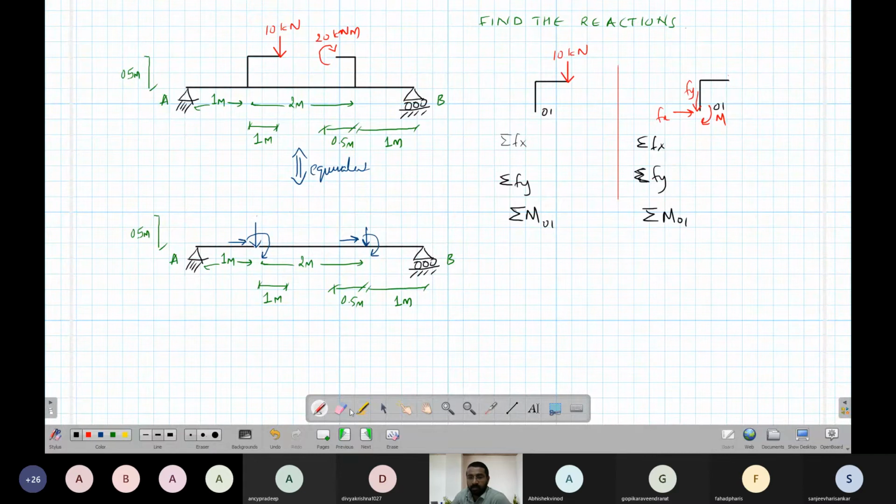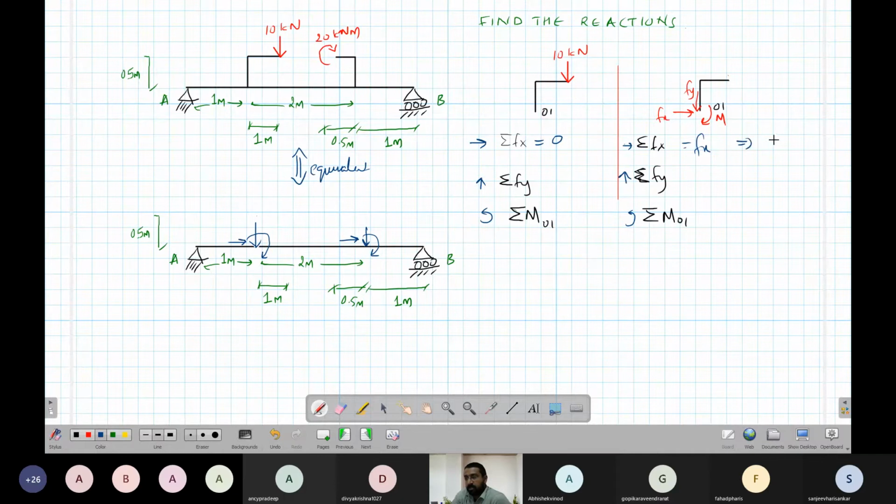Okay, now what is this? Then the values we will write. So Fx, the force in the x direction, will be 0. We take right positive, up positive, clockwise positive, the same convention. So this is Fx.